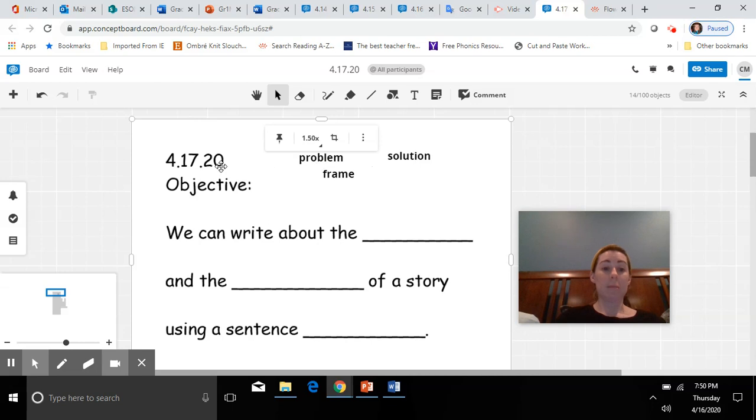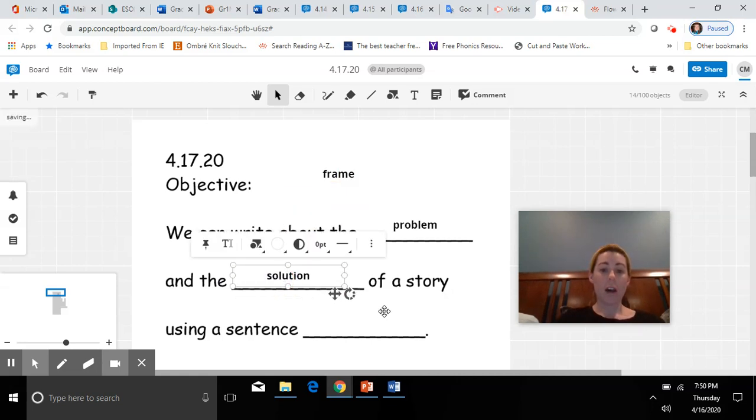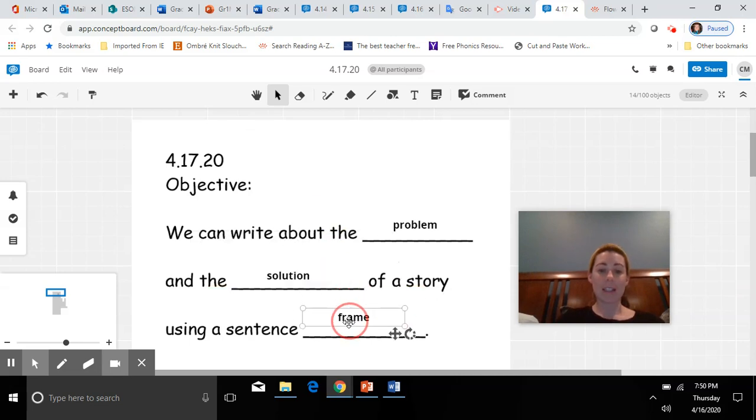Let's take a look at our objective. It says we can write about the problem and the solution of a story using a sentence frame.